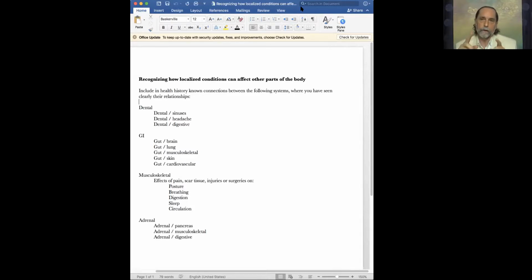And the nice thing about this information is that now, finally, modern medicine is recognizing these interconnections, and a lot of it is coming from the naturopathic profession. So terms like gut-brain axis, all right, that's a very common term now in popular internet medicine.